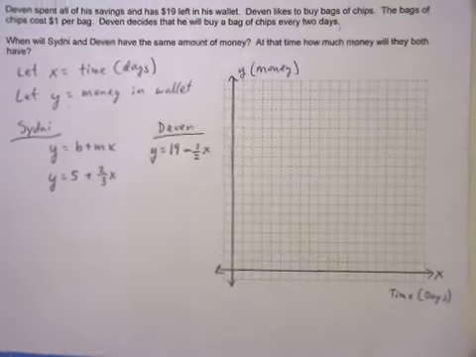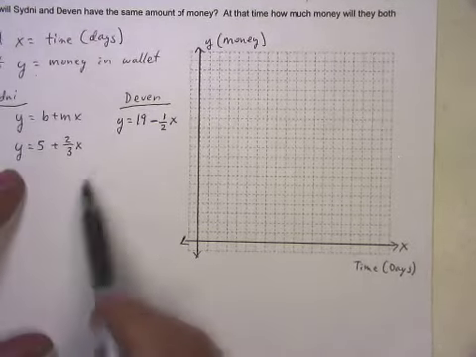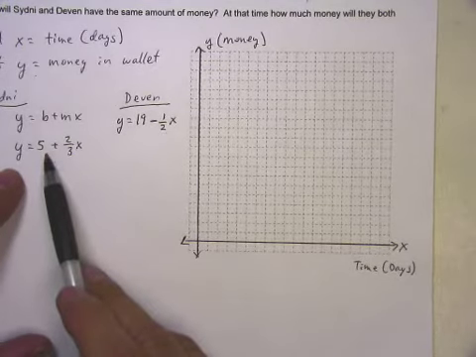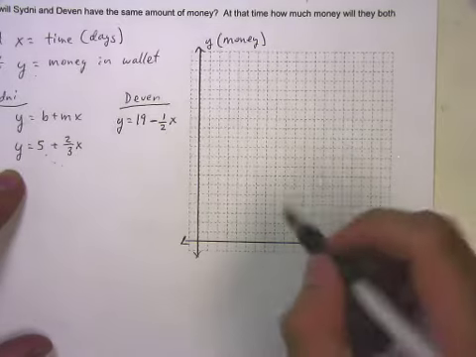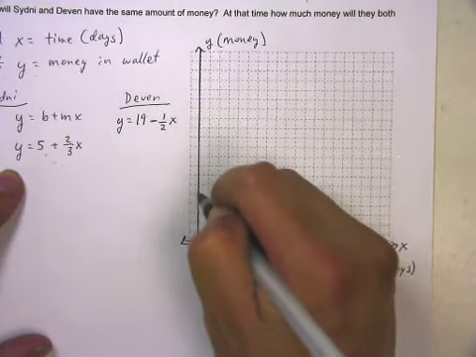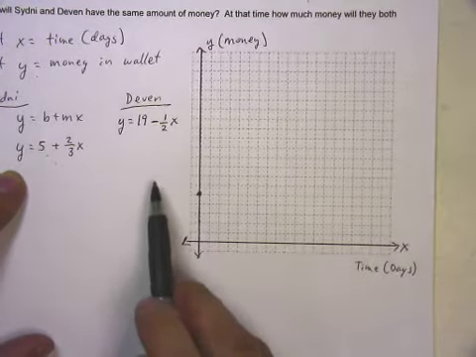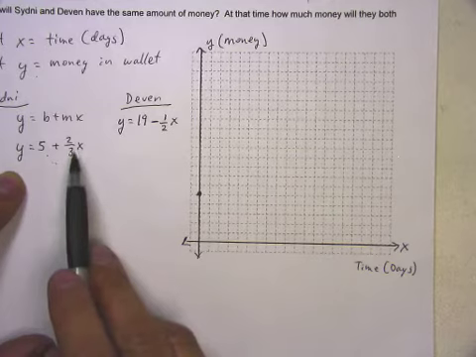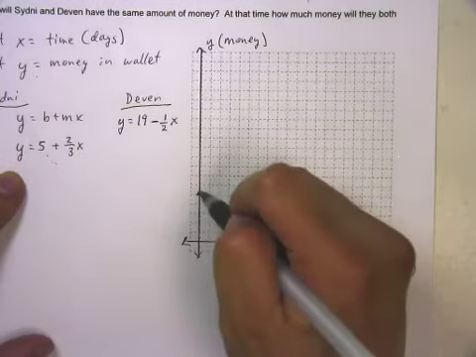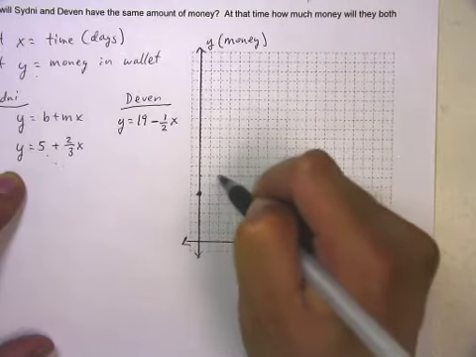Right, so let's first graph Sydney's equation. Sydney is starting out with $5, so her initial value is 5, and that represents the point (0, 5). On day 0, she's starting out with $5. 1, 2, 3, 4, 5. And then she is going to get $2 every 3 days. So what does that mean? That means I'm going to go up $2 for every 3 days.